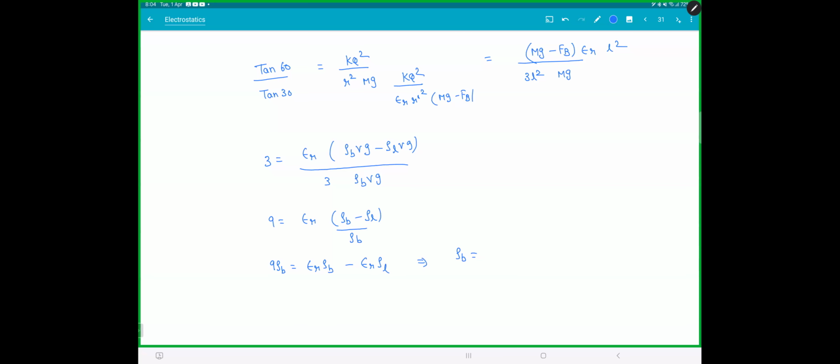So we get rho b equals epsilon r rho l by epsilon r minus 9. Check. So for this situation to exist, epsilon r must be greater than 9. That itself could be another question: find the minimum dielectric constant for this situation to occur. Density can't be negative, so epsilon r has to be greater than 9.